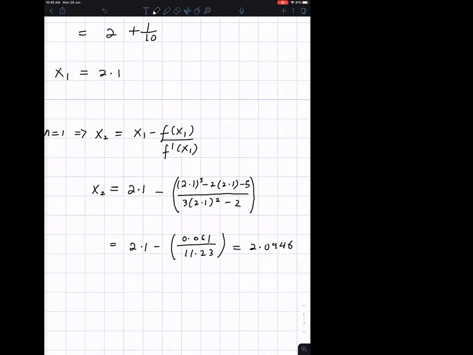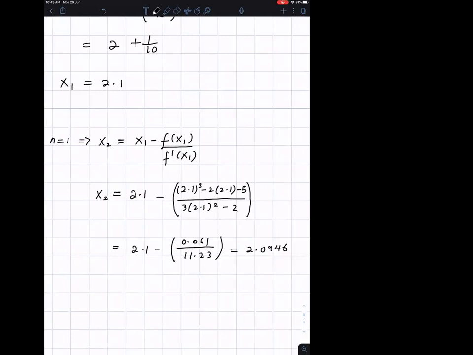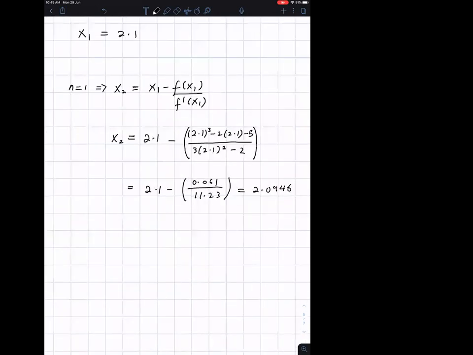Okay, x2 is 2.0946. Why don't you guys calculate x3? Each one of you calculate x3.